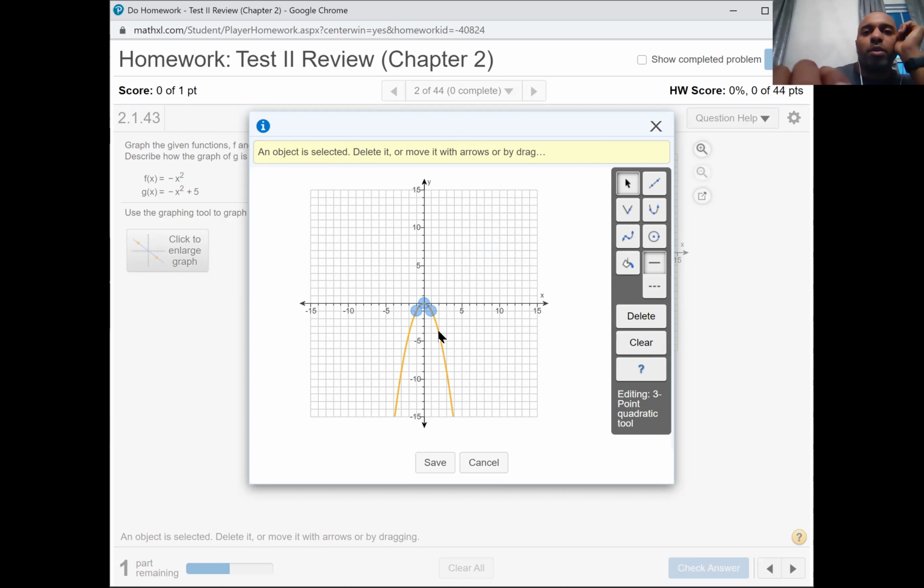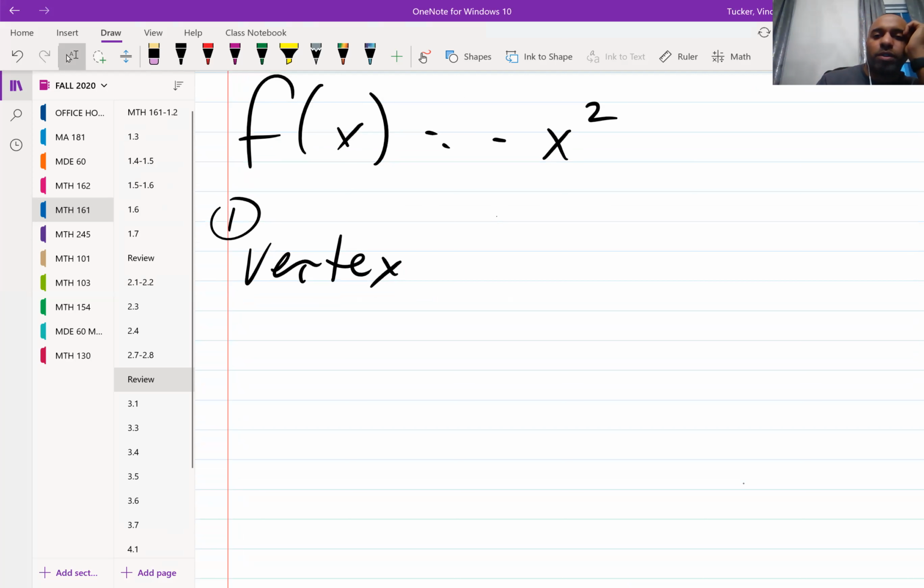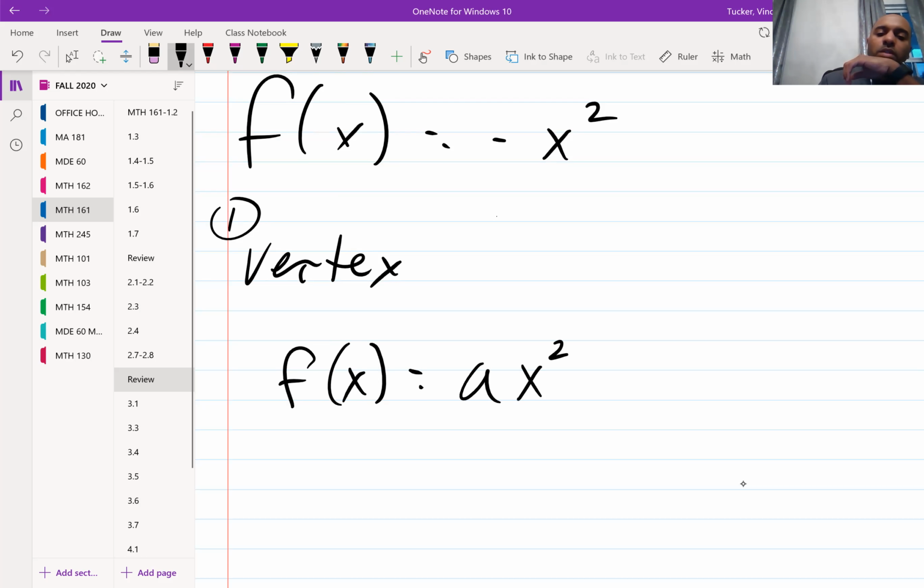So what I did was, let me go back to my notes. All right, so the first one is -x squared. So I found my vertex first. From the vertex, f of x equals a x squared.